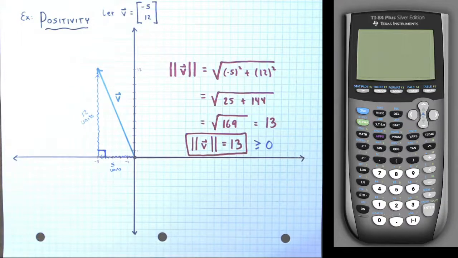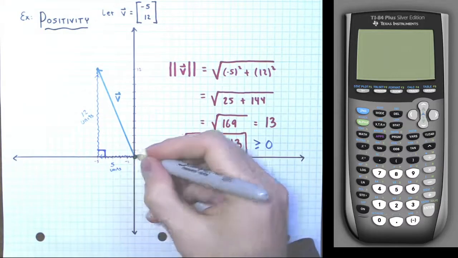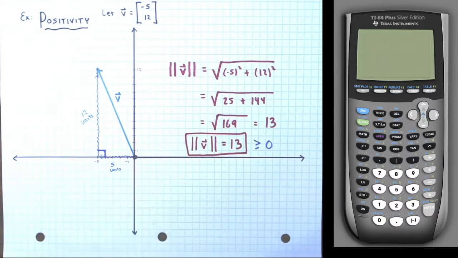And as I mentioned earlier, for this particular formula for the norm, the only vector that would have a length equal to 0 is the 0 vector itself, just the vector represented by the origin, where there's no motion. That would have a 0 length. But any other non-zero vector should have a positive length, a positive norm.